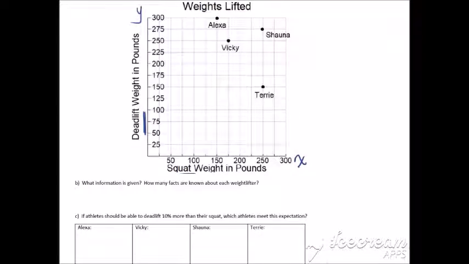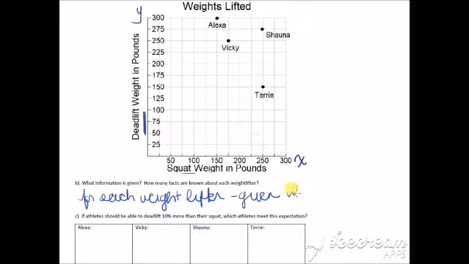Okay, so I put 2 more questions. What information is given and how many facts are known about each weightlifter? Okay, so what information is given? So for each name, for each maybe weightlifter, we're given what they squat and what they deadlift.